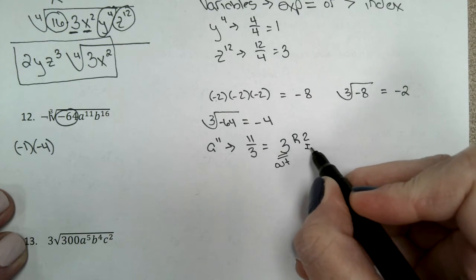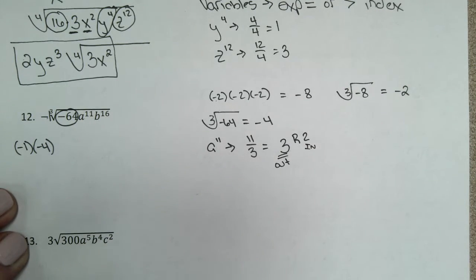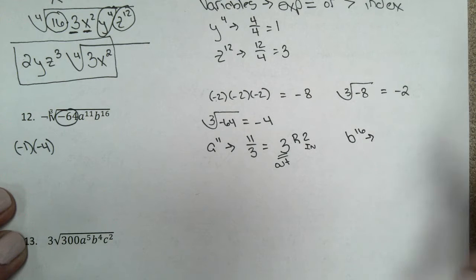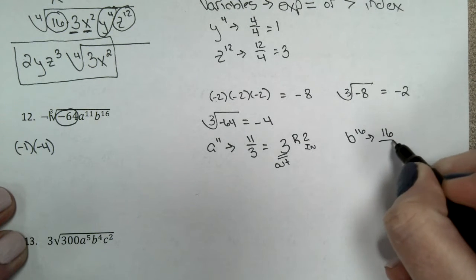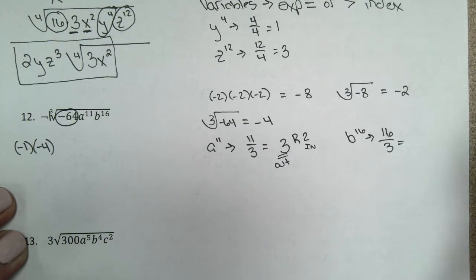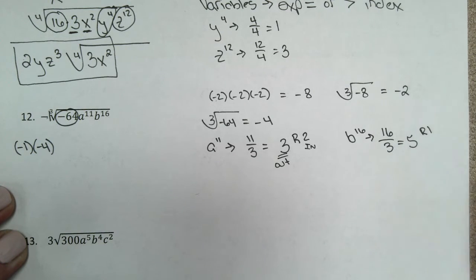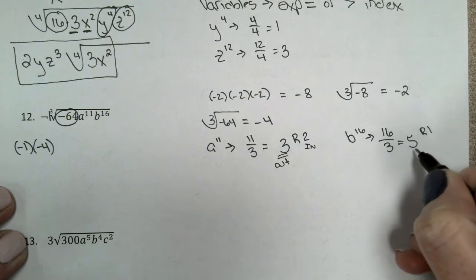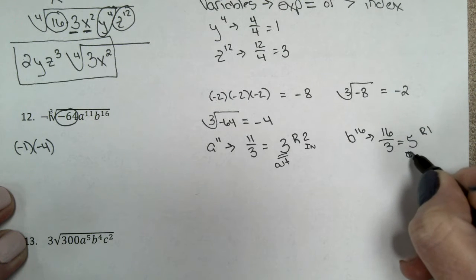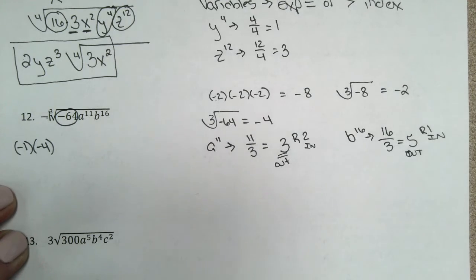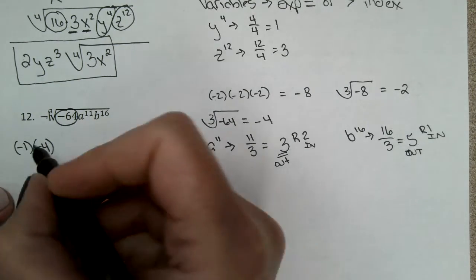And whatever your remainder is, that is how many are staying inside. And then b to the 16th. So I have 16 divided by 3. 3 goes into 16 5 times with 1 left over. So that means 5 get to come out, and 1 is still staying in.